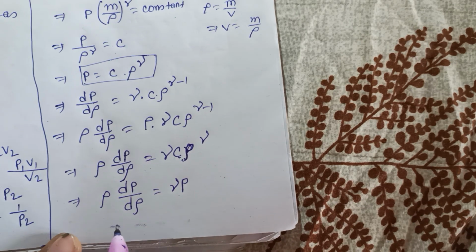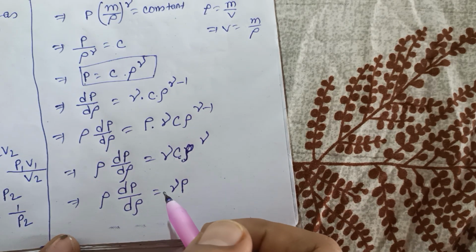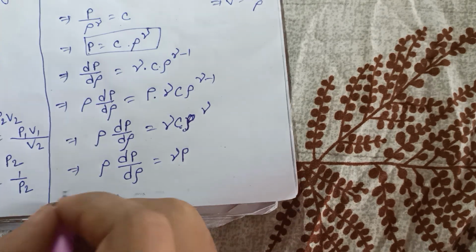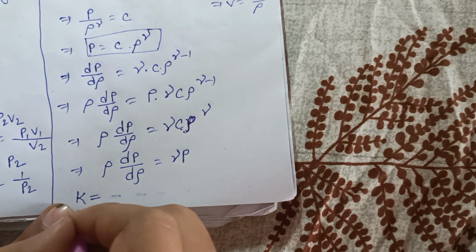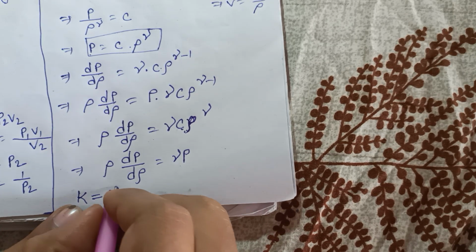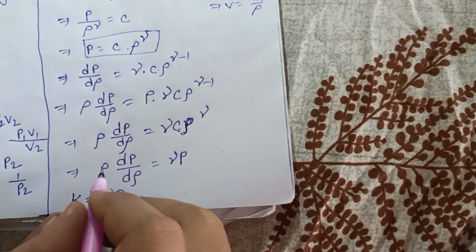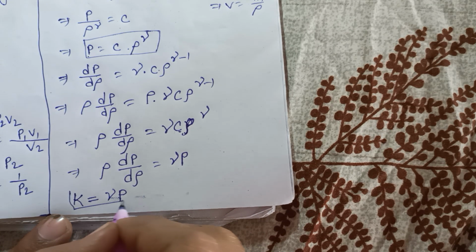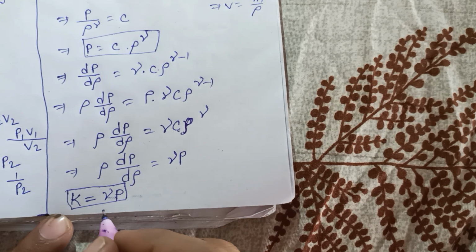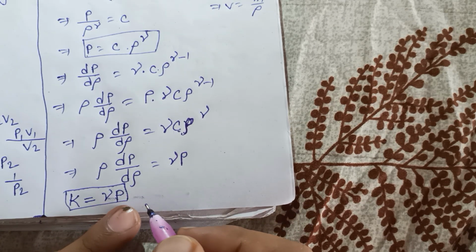So rho into dP by d rho is equal to gamma into P. So the bulk modulus K, from the formula K equal to rho into dP by d rho, is equal to gamma into P.